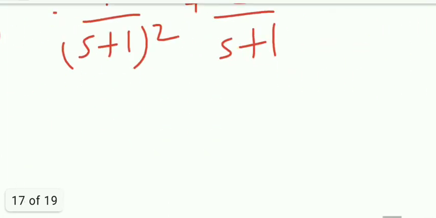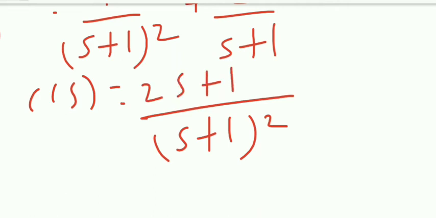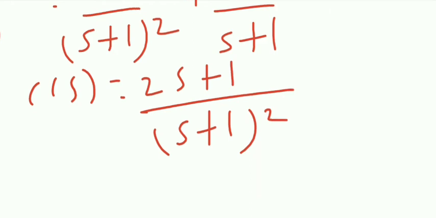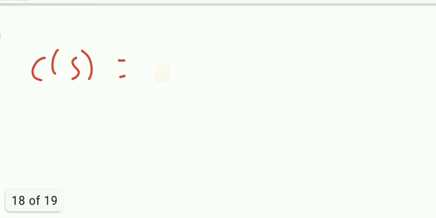If you simplify that, C of s is equal to 2s plus 1 divided by s plus 1 whole squared. That is the answer. Now what we have to do is compare our transfer function with the general equation, and from that find the open loop transfer function. We found C of s as the closed loop transfer function.